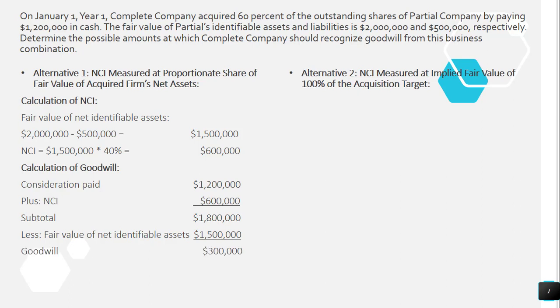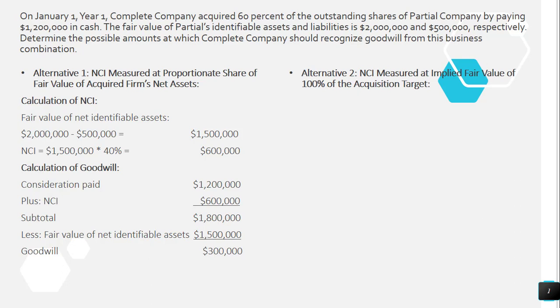So that's alternative 1. The other alternative, alternative 2, is to calculate the non-controlling interest on the basis of the implied fair value of 100% of the acquisition target. So in other words, given that Complete Company paid $1.2 million to acquire 60% of the shares of Partial Company, how much would Complete Company have paid to acquire 100% of those shares?